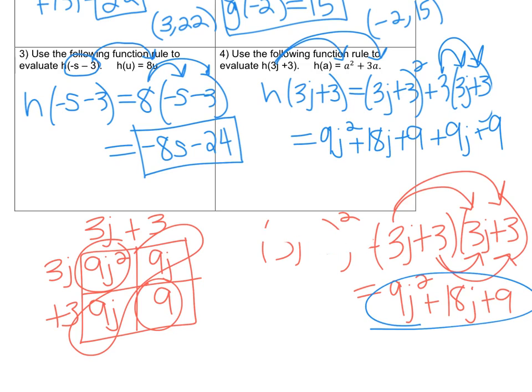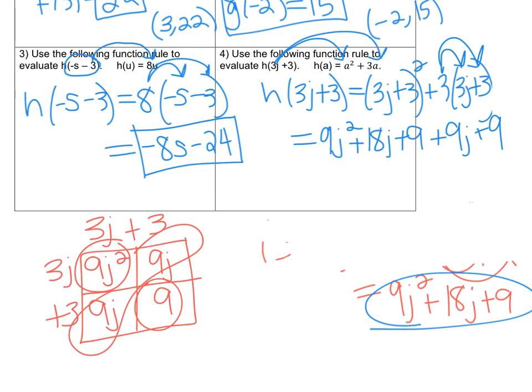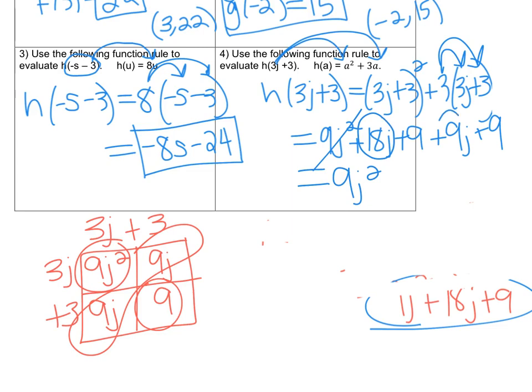Okay, I'm going to erase this work down here just so I'll have more room to work with. So now we just need to simplify this. So combine your like terms. I've got 9j squared. Then I'm going to combine my j's. So I have 18j and 9j.